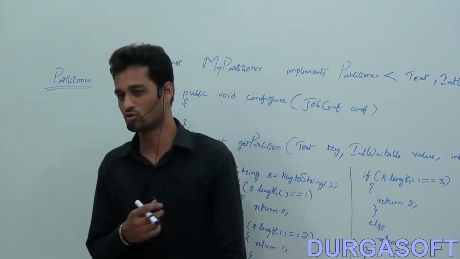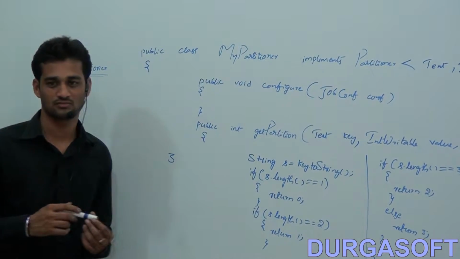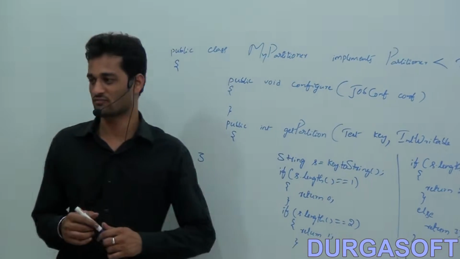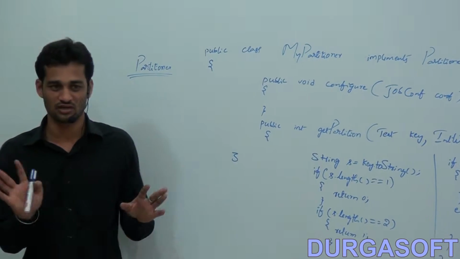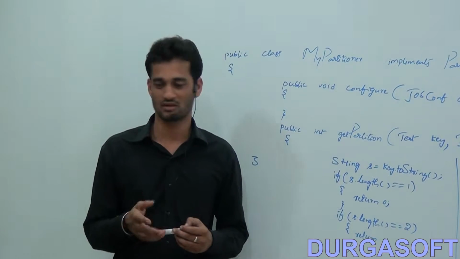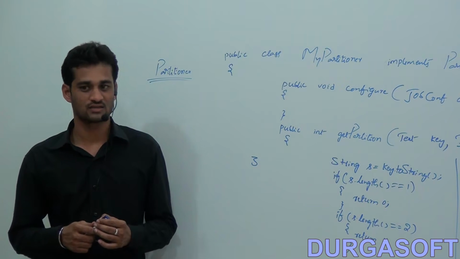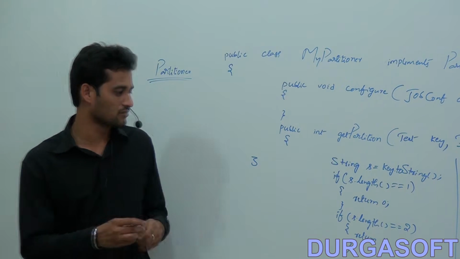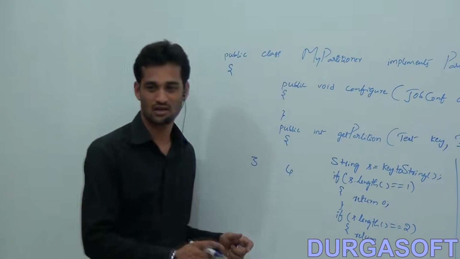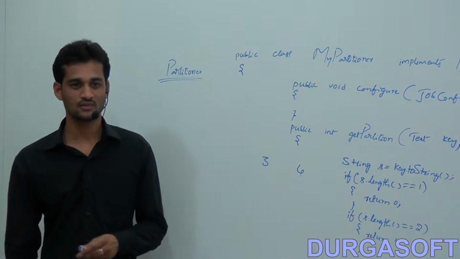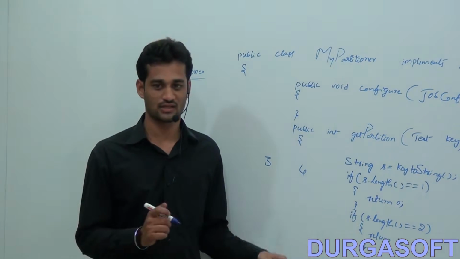What about if a key's length is 4, to whom will that value be returned? Is there any reducer to return that value? There is no reducer, so it simply gives an exception, not an error. Compile time errors will not be given, exceptions will be given. Got it? So you have to take a minimum of 4 reducers, or more than that. If you want, you can take 5, there is no problem.